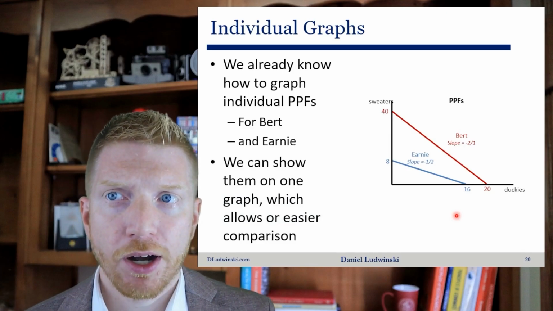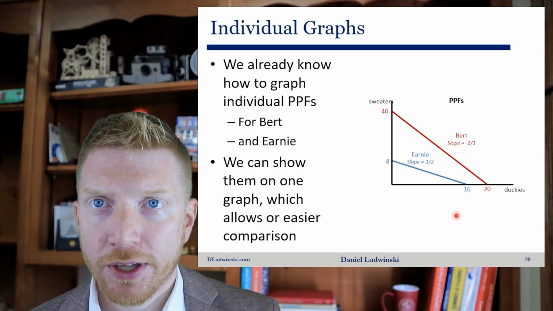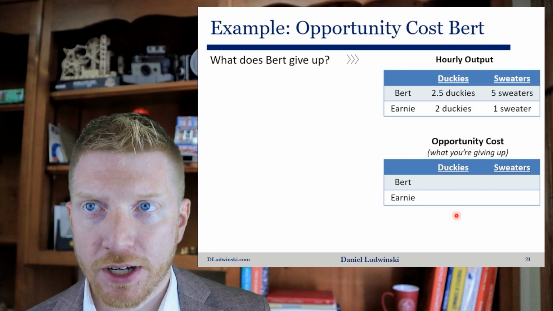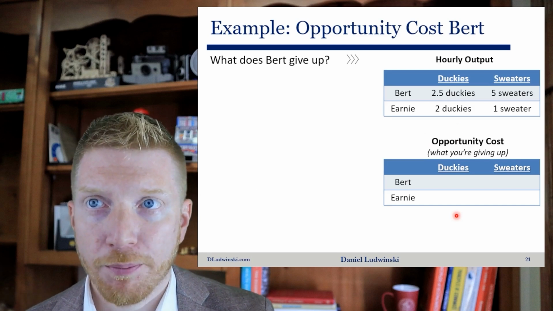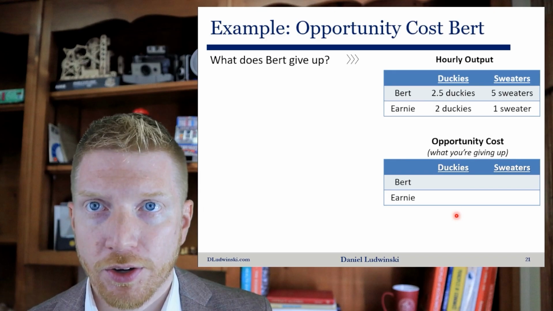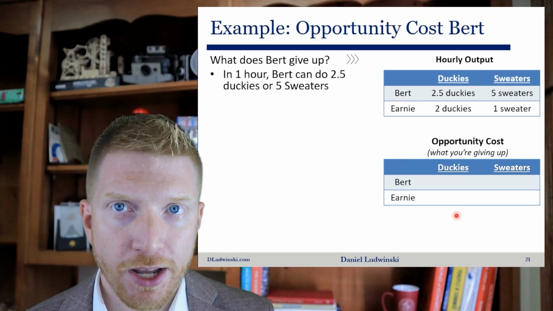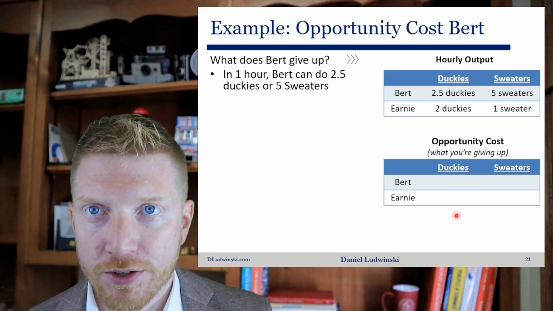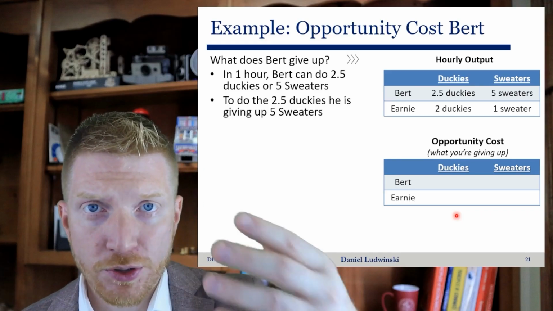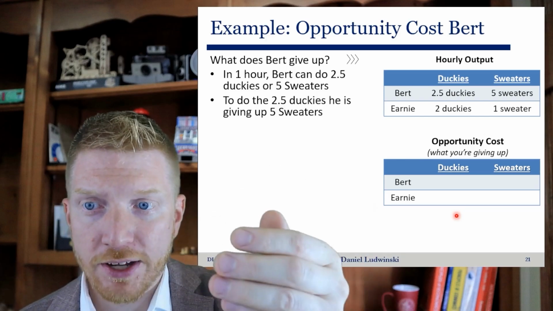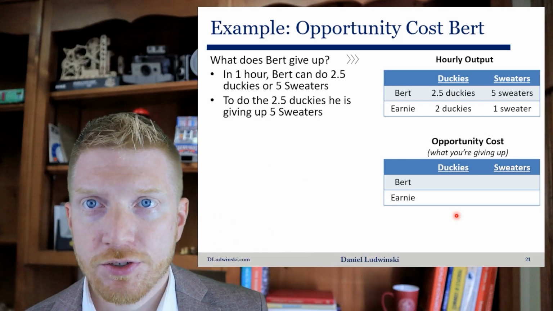When we're thinking about opportunity cost, we're thinking about what Bert gives up. So first we'll focus on Bert, and then we'll focus on Ernie. In 1 hour, Bert has the option of either making 2.5 duckies or 5 sweaters. So in order to make those 2.5 duckies, each hour he has to give up 5 sweaters.